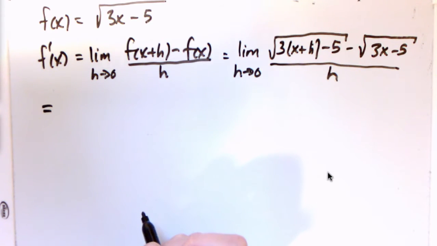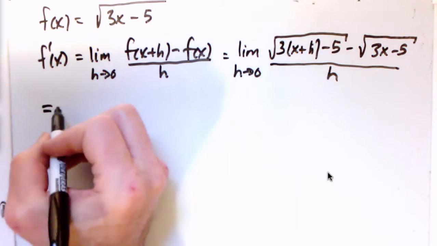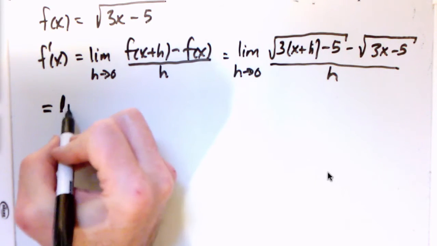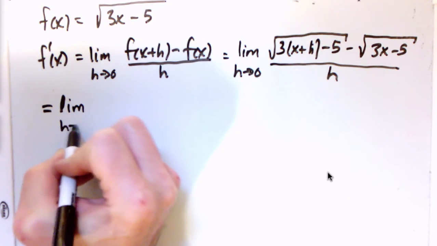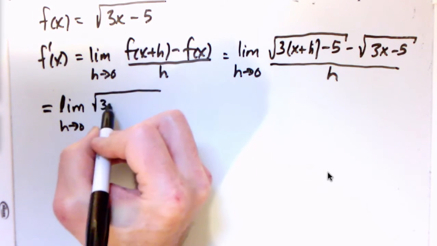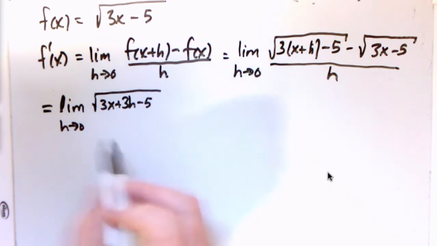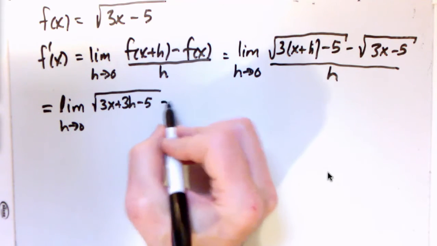When we have square roots, we want to multiply by the conjugate very often, and that'll help us get rid of this indeterminate form. So we're going to multiply by the conjugate of the numerator. This line will look long. Along the way there, I'm going to go ahead and distribute that 3.